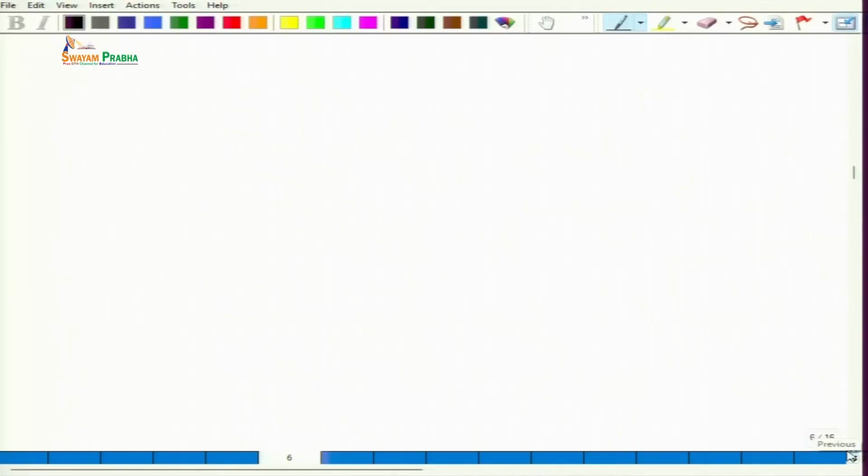So now once we have understood the concept of controllability and observability, we'll focus on how we design controllers using this state space representation. The most famous basic controller is the state feedback controller.